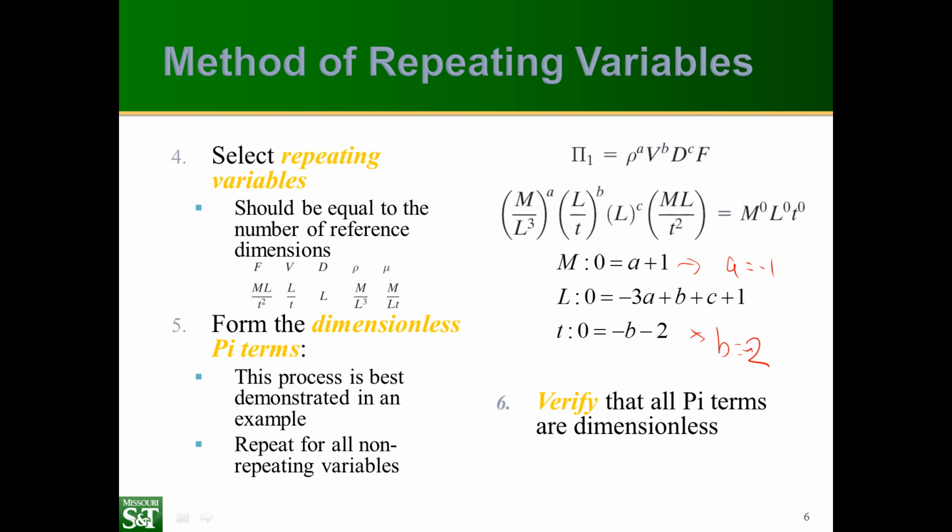And if a is negative 1 and b is negative 2, we can use this equation to find that c is negative 2. So then our pi term, pi 1, is going to be equal to F over rho v squared times diameter squared.